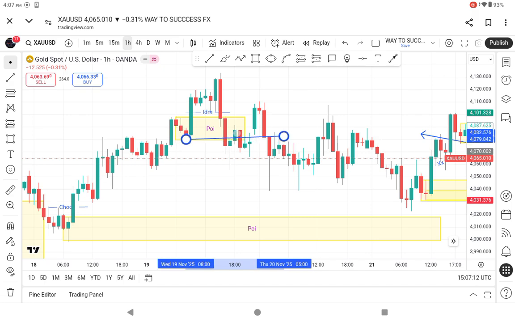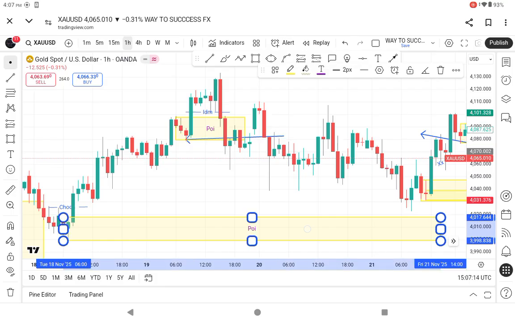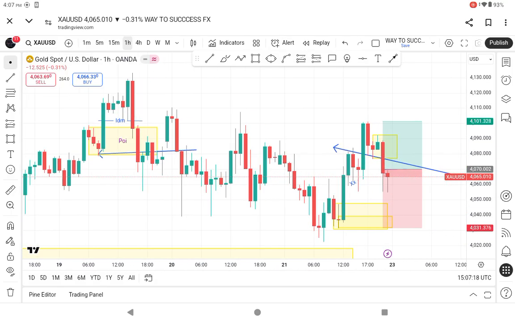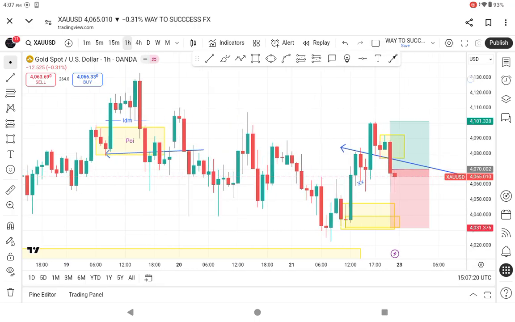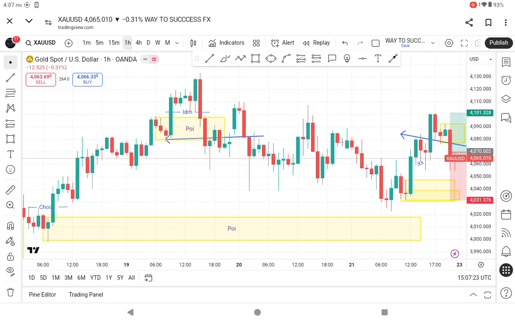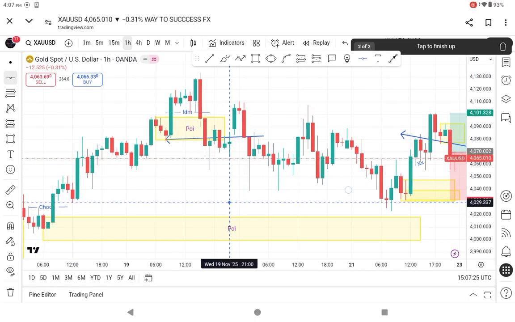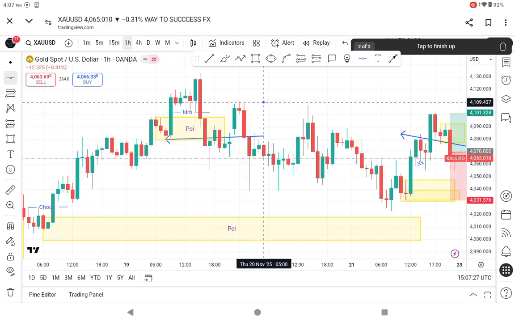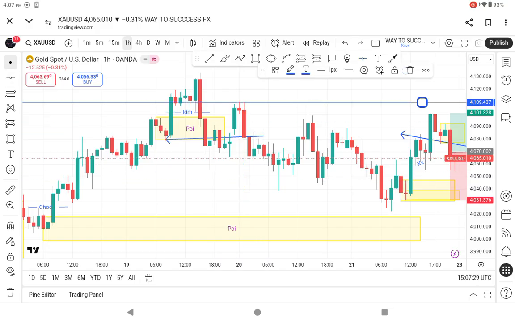So when that happened, I'm now looking for this zone as my extreme POI. So that is what I'm looking for. And finally, the market returned to that level, taking out all of these lows.